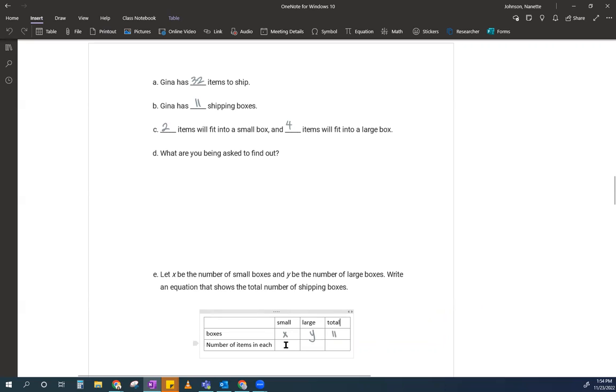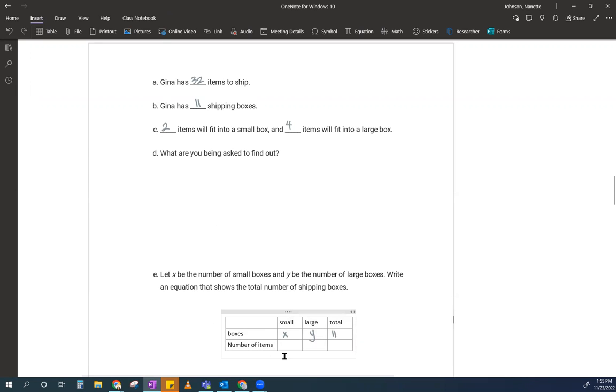Now, what does this mean? Let's pretend I had one small box. How many items can I ship? Well, you said that 2 items can fit in each box.